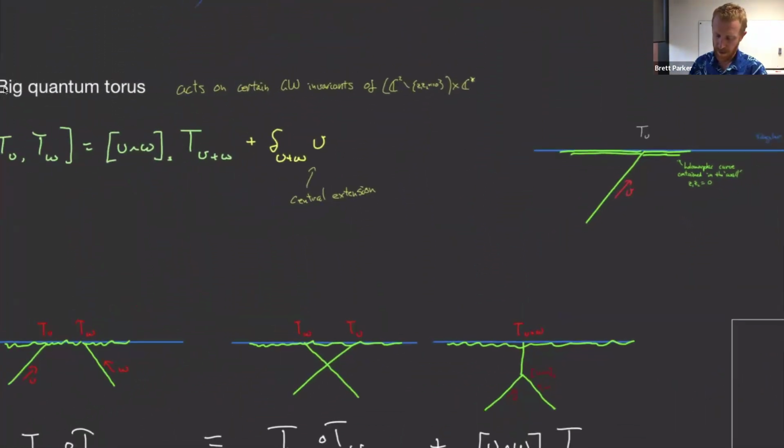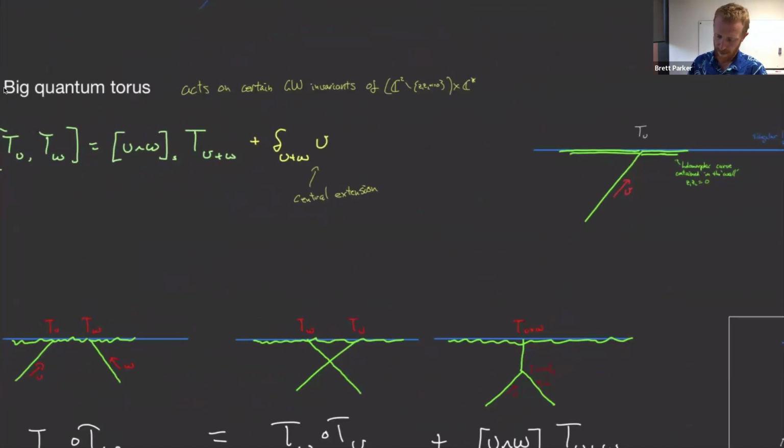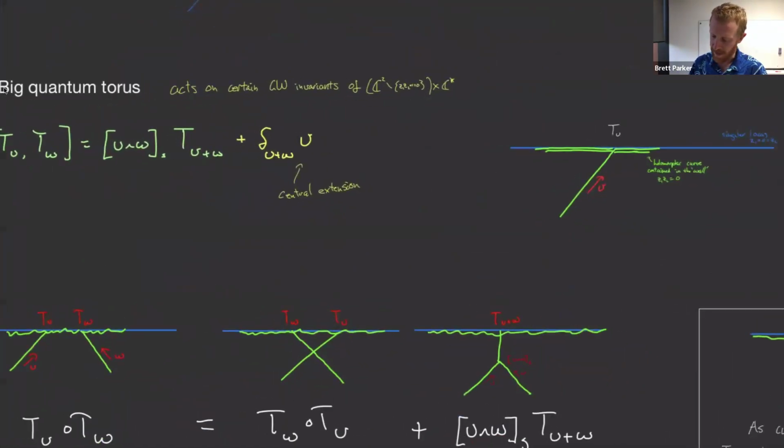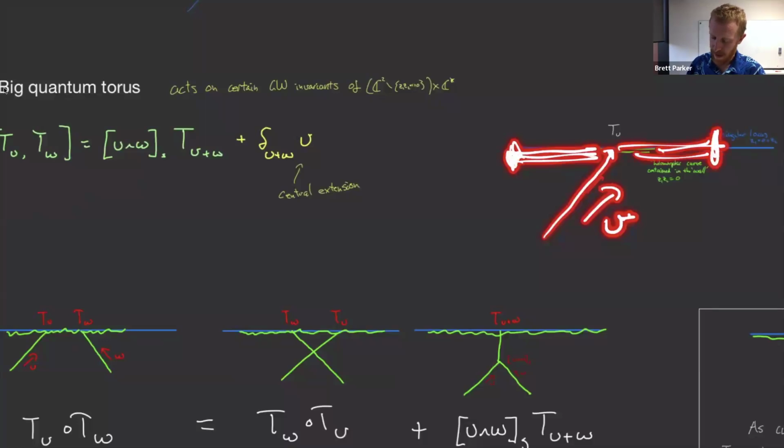There's interesting Gromov-Witten invariants that come along here and count holomorphic curves where one leg of the curves comes in direction V, and you've got some incoming curves, some outgoing curves.